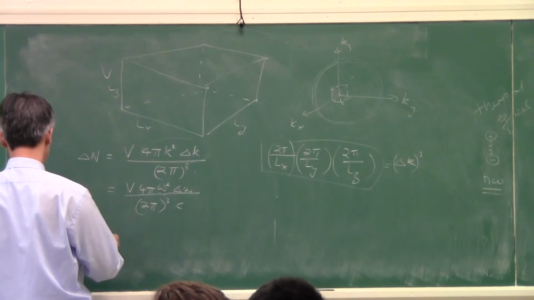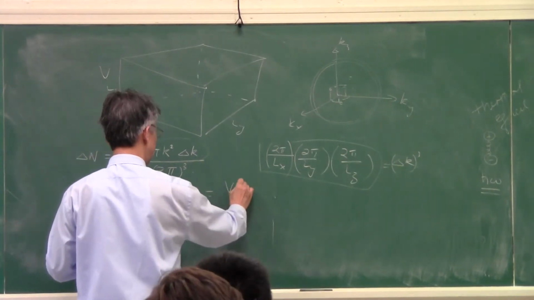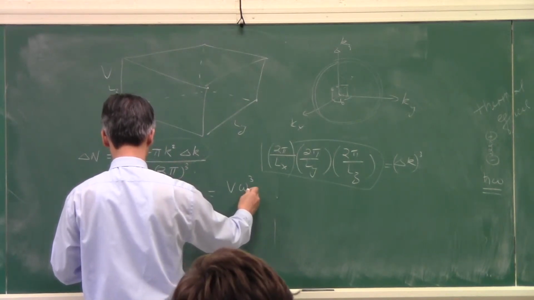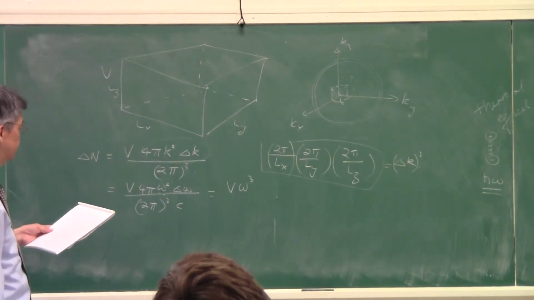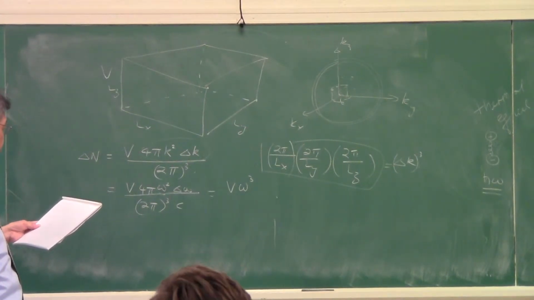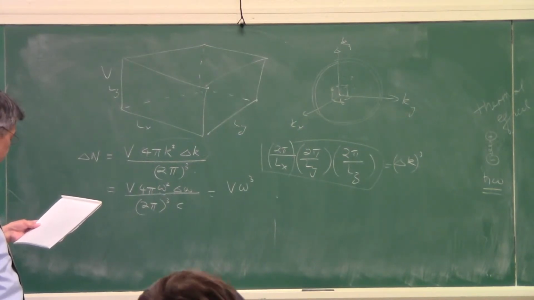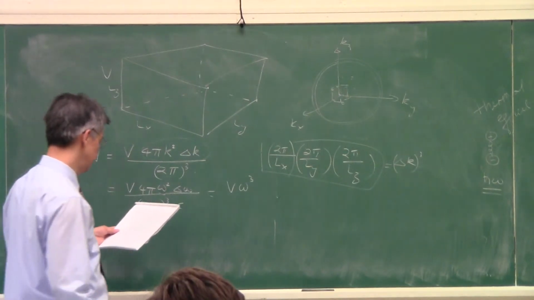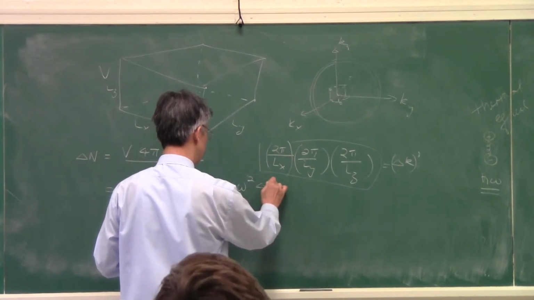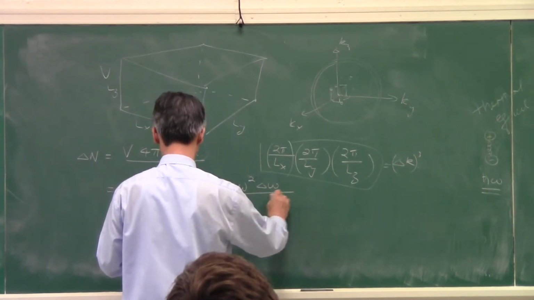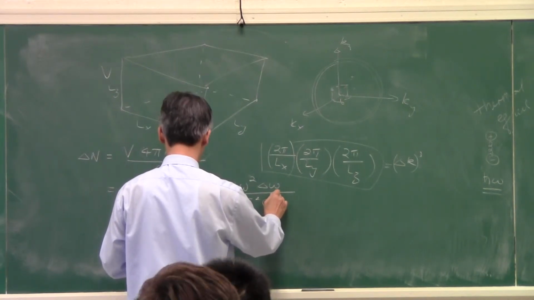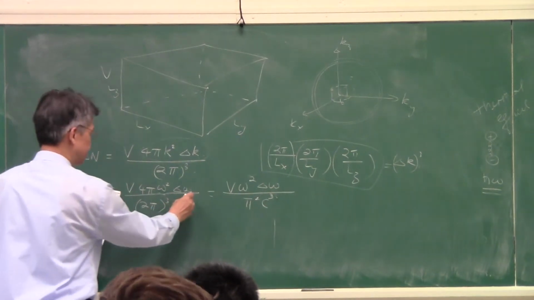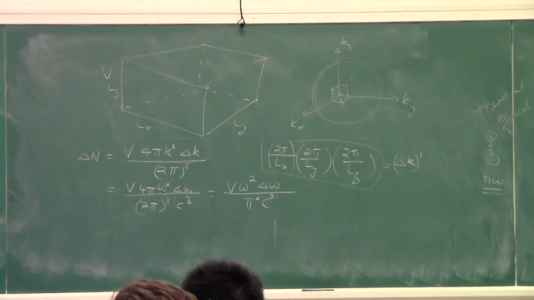And then you can simplify this to be V omega squared delta omega over pi squared c cubed. It simplifies to that number.